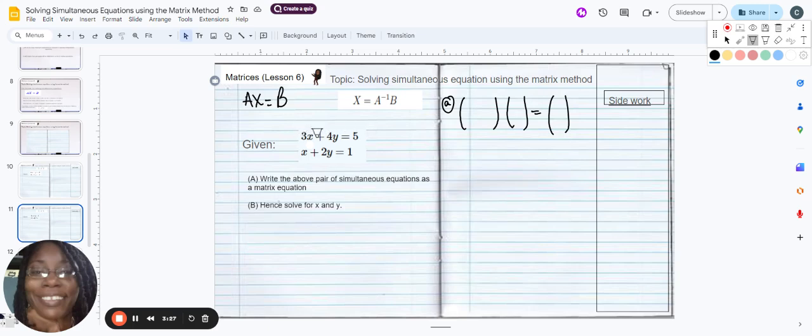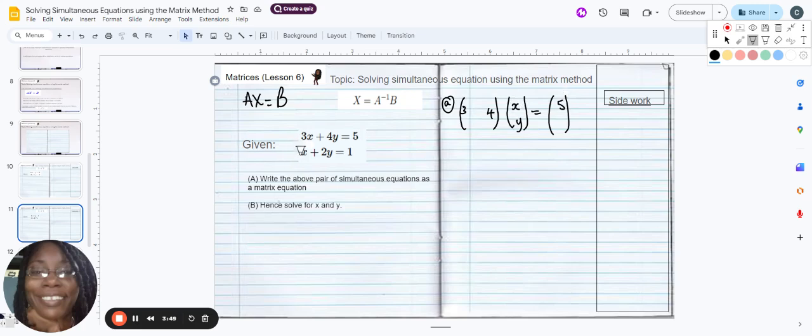And we go across. The coefficient of the first one is 3, so you write it here. The coefficient of the second one is 4, so you write it here. The variables that we are dealing with will be x and y. The solution of the first will be 5, so you write it here. You move to the second part.